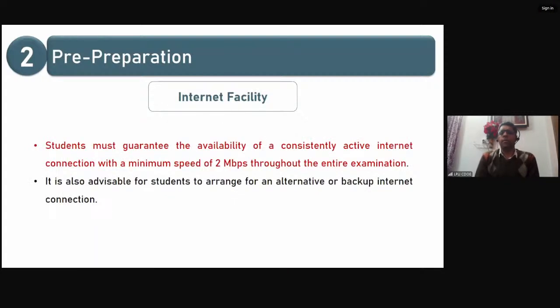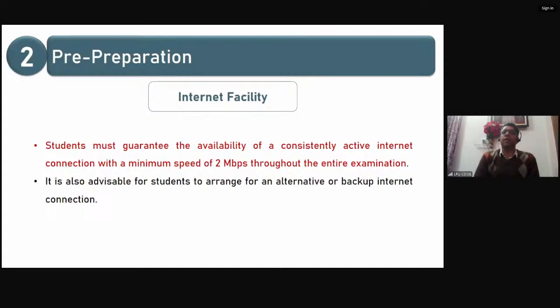Now, talking about the internet facility, students must guarantee the availability of a consistently active internet connection with a minimum speed of 2 Mbps throughout the entire examination. Students, this must be ensured at your end. The University is not liable to give you the internet connection or the arrangement. So you must see that a minimum of 2 Mbps speed throughout the entire examination is with you.